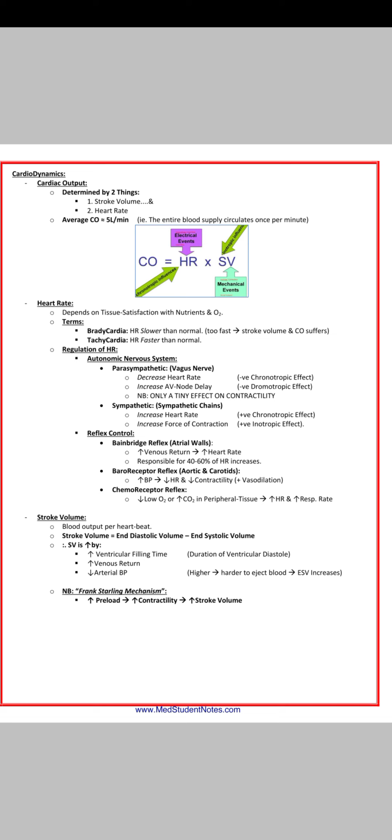So an increase in AV node delay is a negative dromotropic effect; we can use D for dromotropic effect. Next is the force of contraction. In means inotropic, positive inotropic effect in sympathetic.